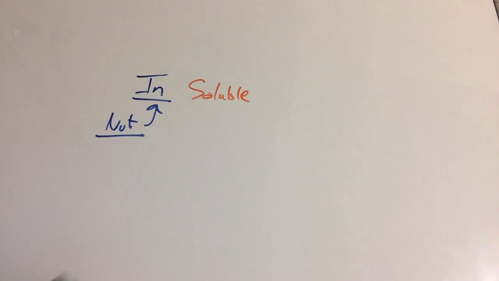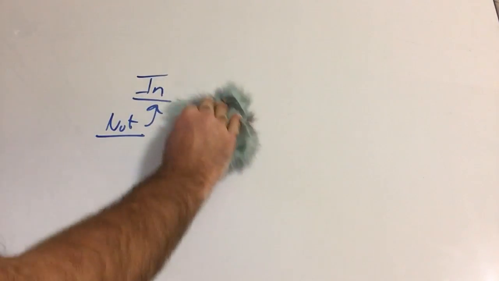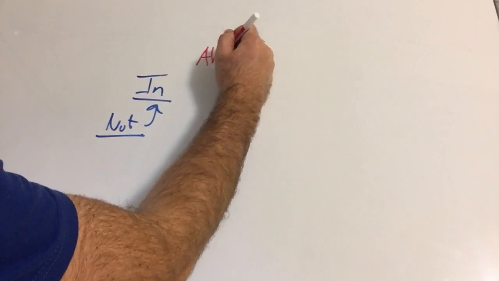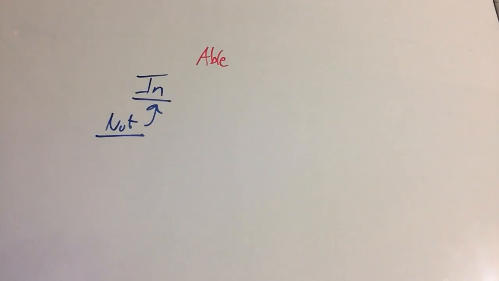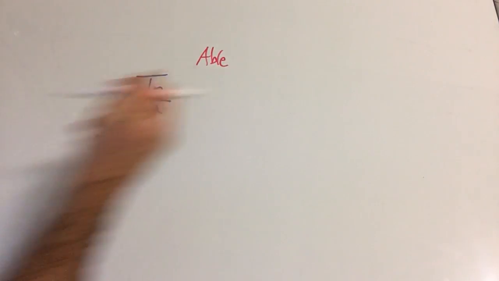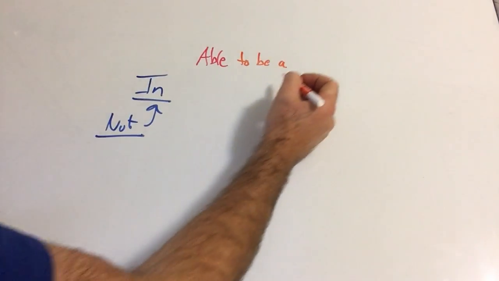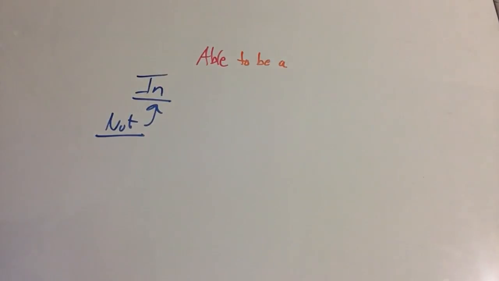And the way I like to think of soluble is, if we think of the phrase "able to be a," I'm running out of colors.